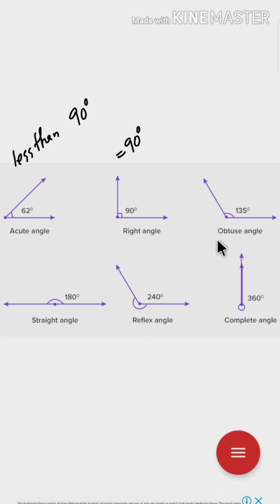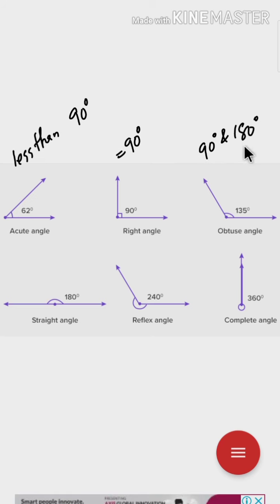And if the angle is in between 90 degrees and 180 degrees, it's called obtuse angle. This 135 is in between 90 and 180, so this is an example of obtuse angle. Now if the angle is equal to 180 degrees, then it's called straight angle.